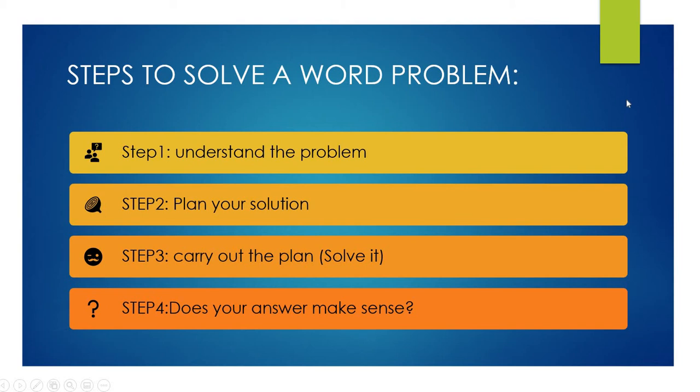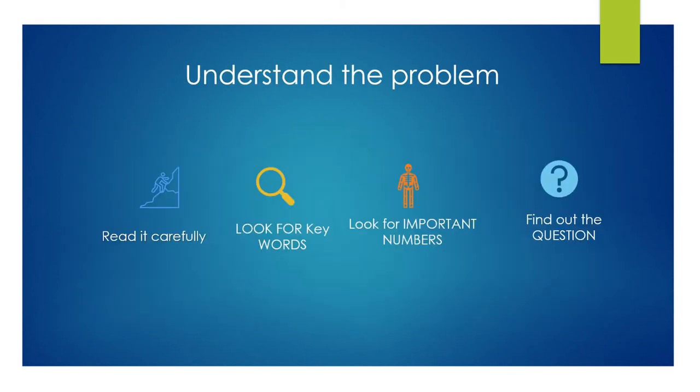Let's look at each one separately. When you read a word problem, it's important that you understand it before you try to solve it. It might seem obvious, but if you start working on a problem before fully understanding what you are looking for, you will get confused and want to give up.